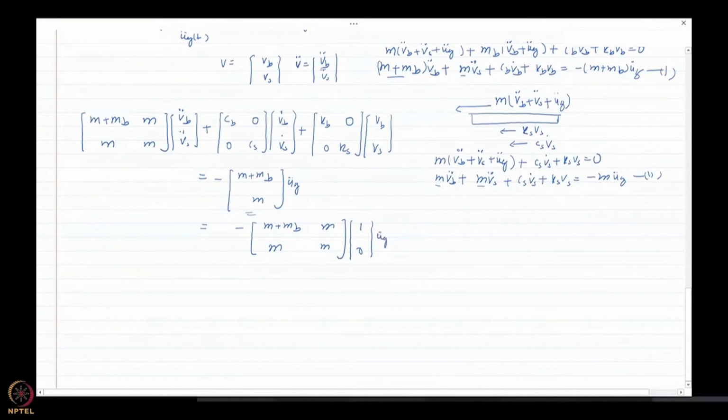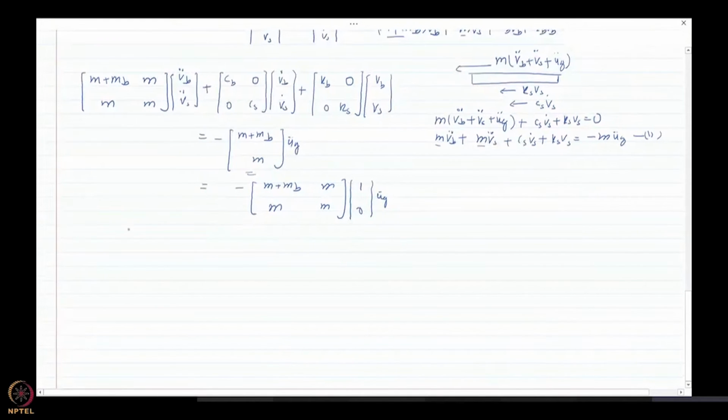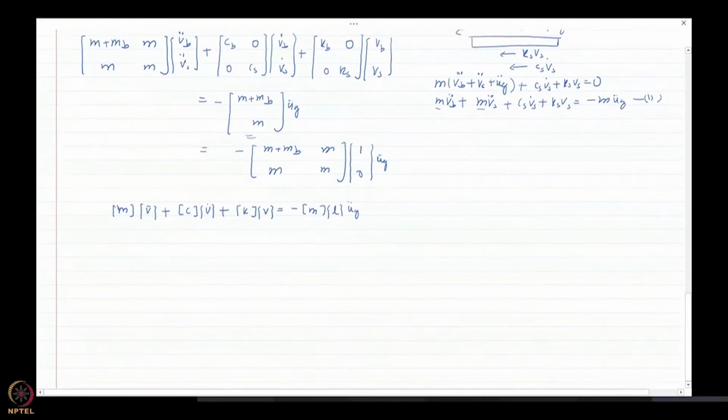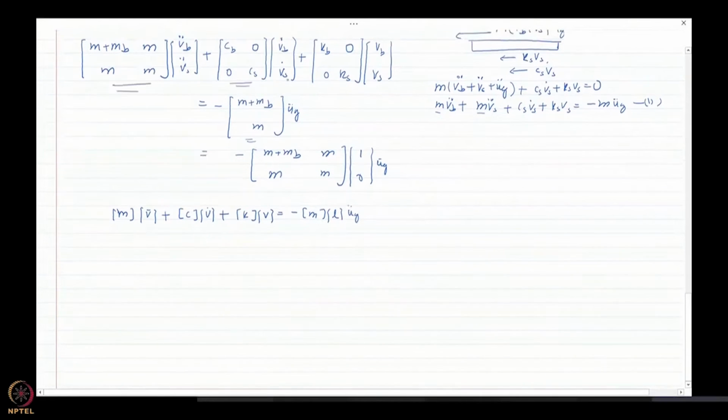So this is my equation of motion: mass times acceleration plus damping times the velocity vector plus the stiffness matrix times the displacement vector, equal to minus mass, influence vector, and Ug double dot, where the mass matrix, damping matrix and everything are shown here.